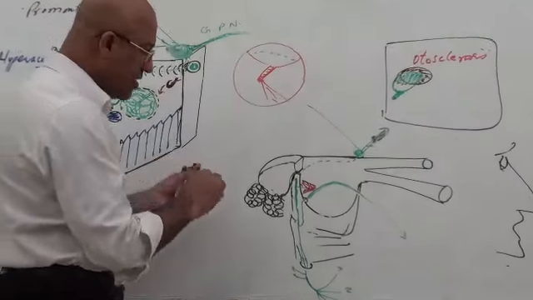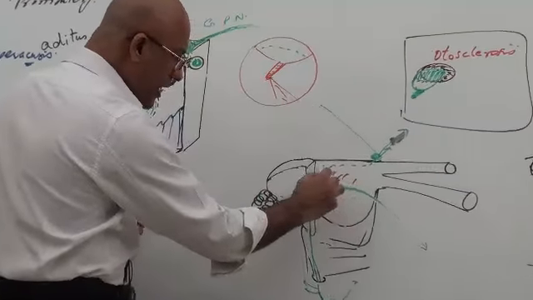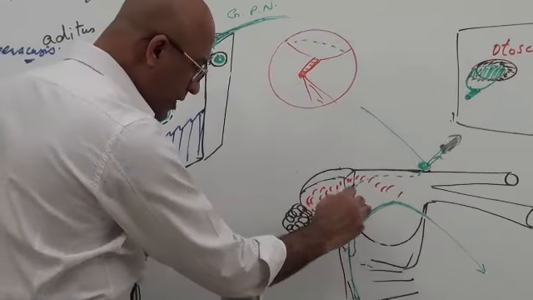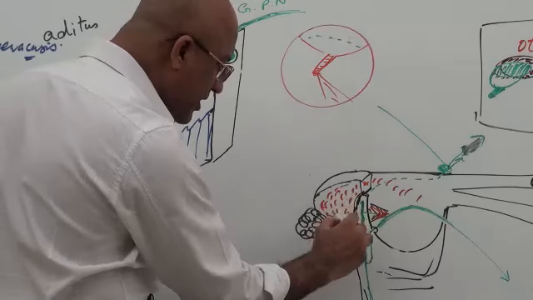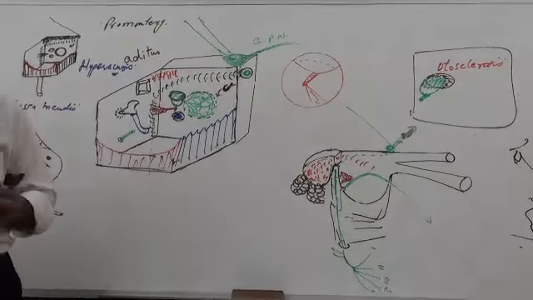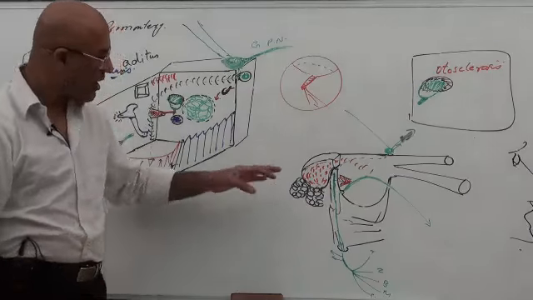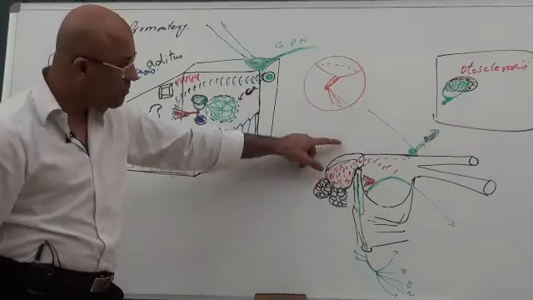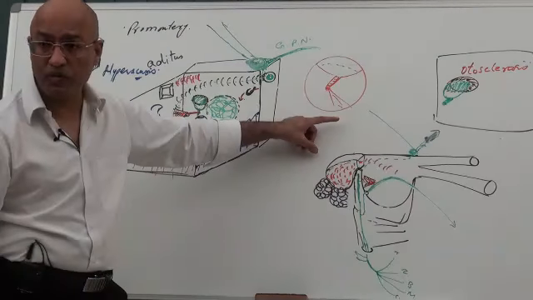If infection from the ear enters from here to the mastoid area, it can produce very dangerous, life-threatening pathology. Why do I say mastoiditis can be life-threatening? Because if it goes upward, it can go to the temporal lobe.